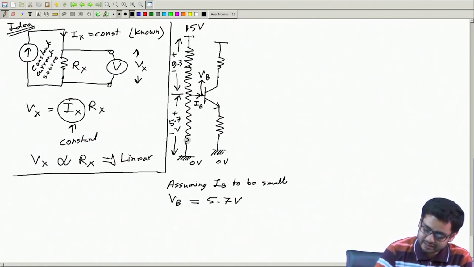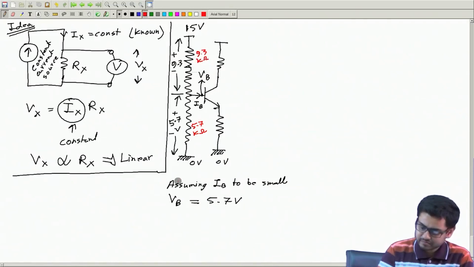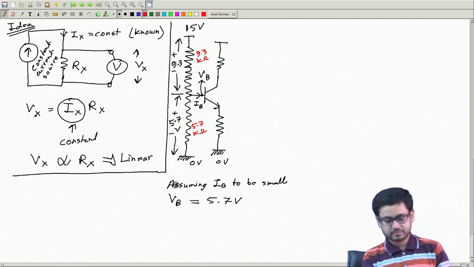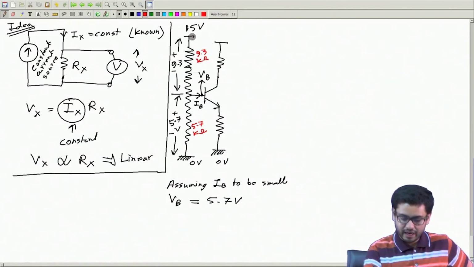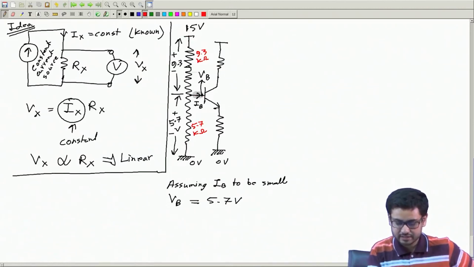And I can generate this potential divider maybe by taking this resistance as 5.7 kilo ohm, here maybe 9.3 kilo ohm. Okay. Then the current that is flowing through this is about 1 milliampere, and I am assuming this current should be much less than 1 milliampere.